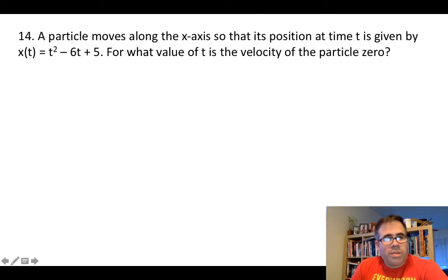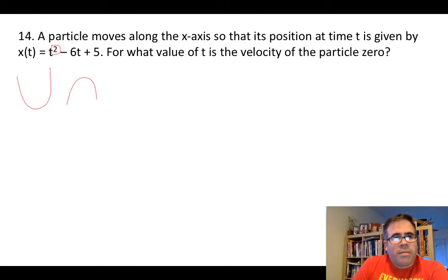This is one of the ones where you don't necessarily need calculus if you know a little bit about the function. We see that this is a quadratic function. All quadratic functions have the shape either that or that. So we can tell that the point where its velocity is equal to 0 is going to be at the vertex. And so we're looking for values of t.